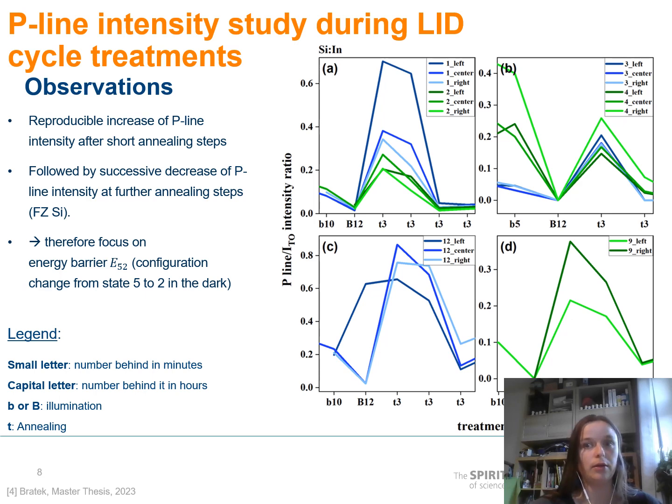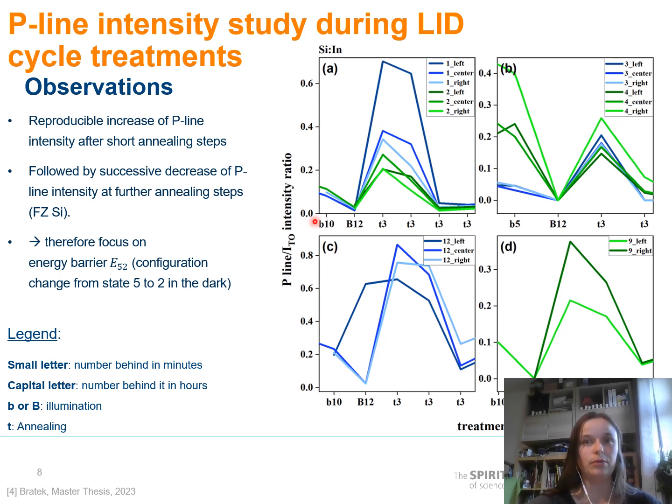If you look at the diagram, you can see the normalized P-line intensity independent of the treatments. Here B stands for illumination and T for annealing steps.